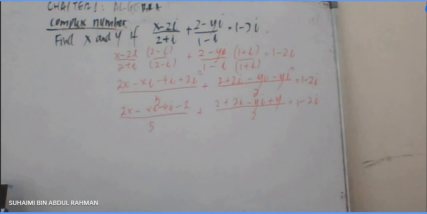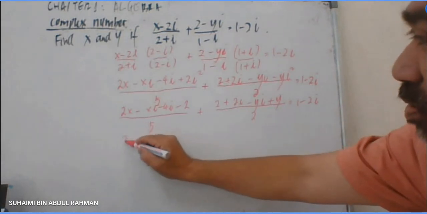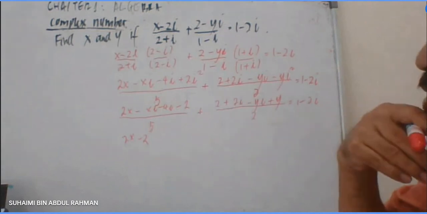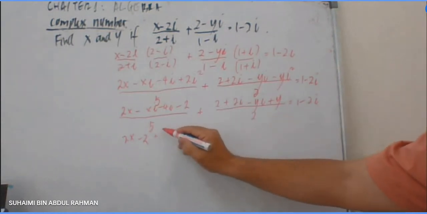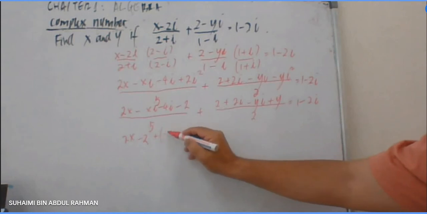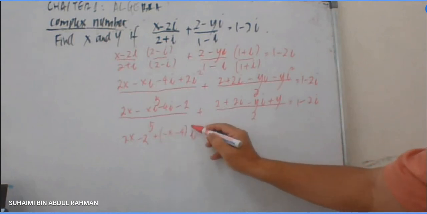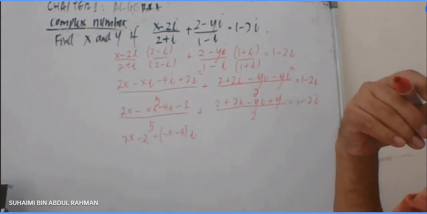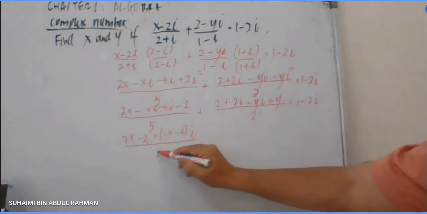Then 2x minus 2, that's the real parts, plus minus x minus 4i, divided by 5.